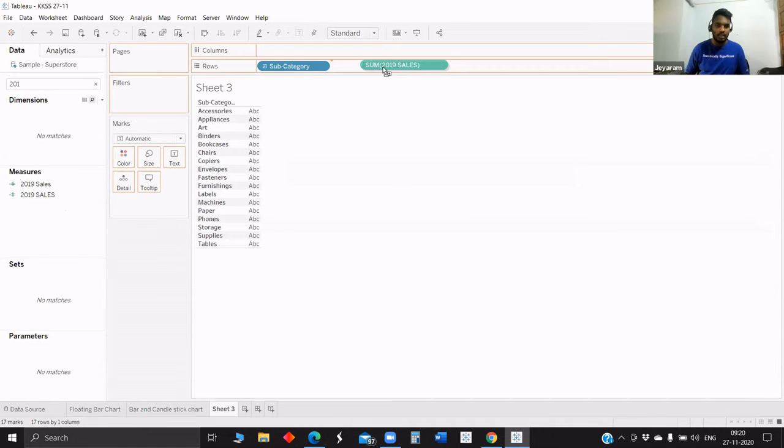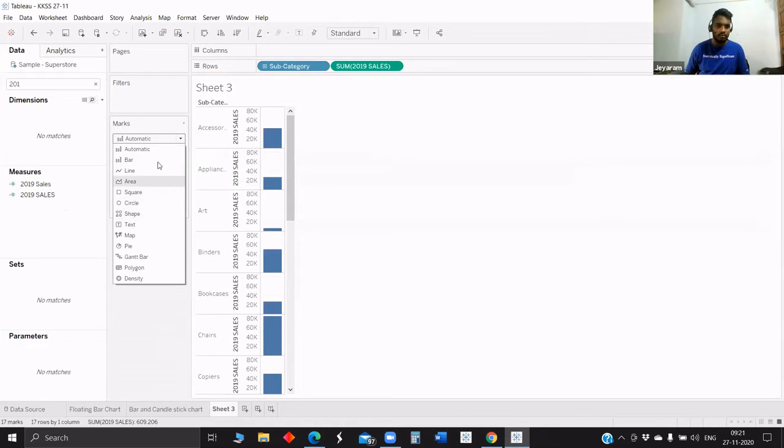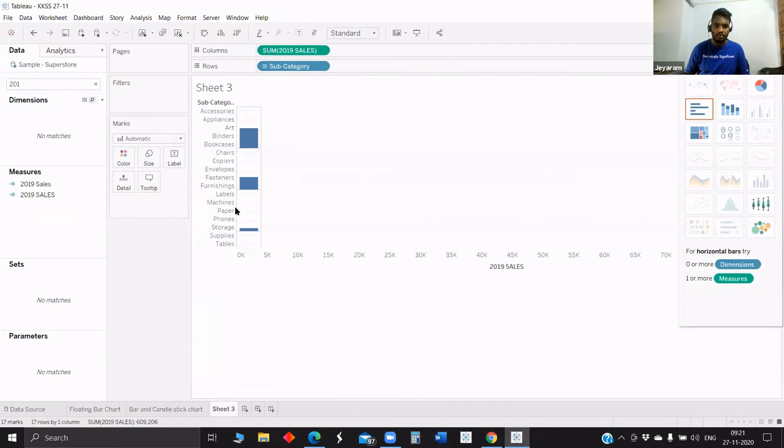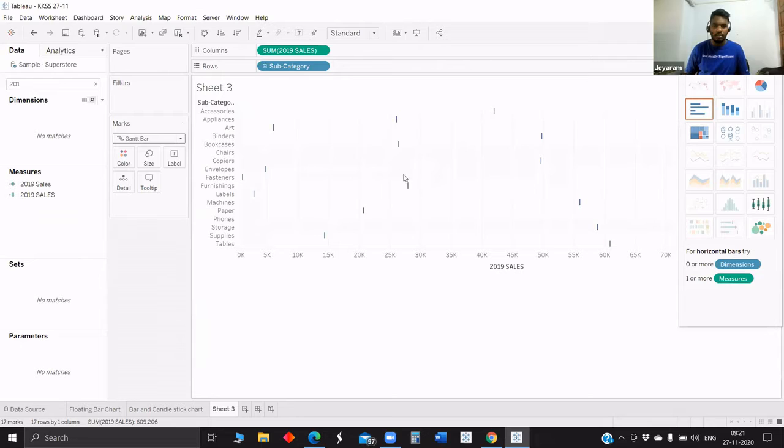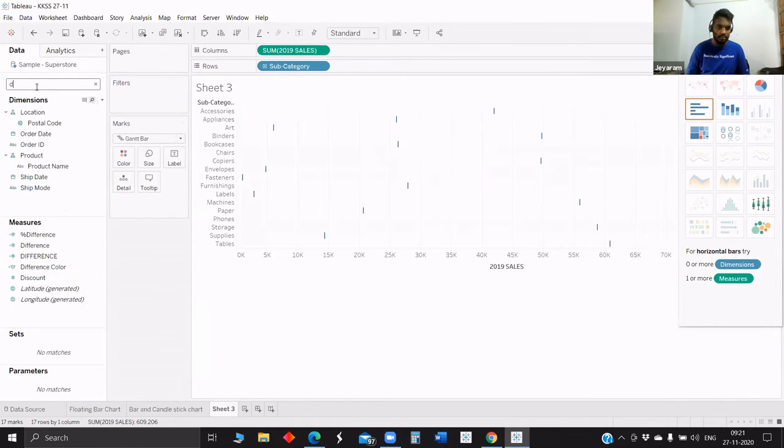In 2019 sales, we'll try a bar. Then we will replace the bar chart with a Gantt chart. So now we got the 2019 sales in each. Then we will pull the difference into the size.